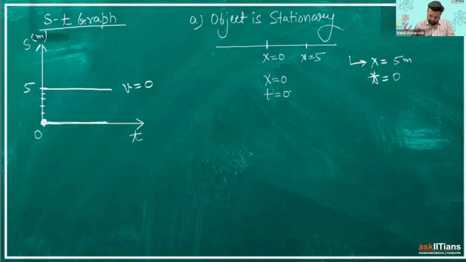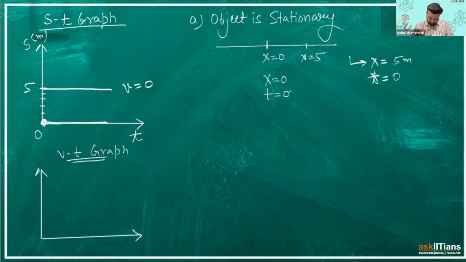So for the VT graph, as we know, velocity is 0.